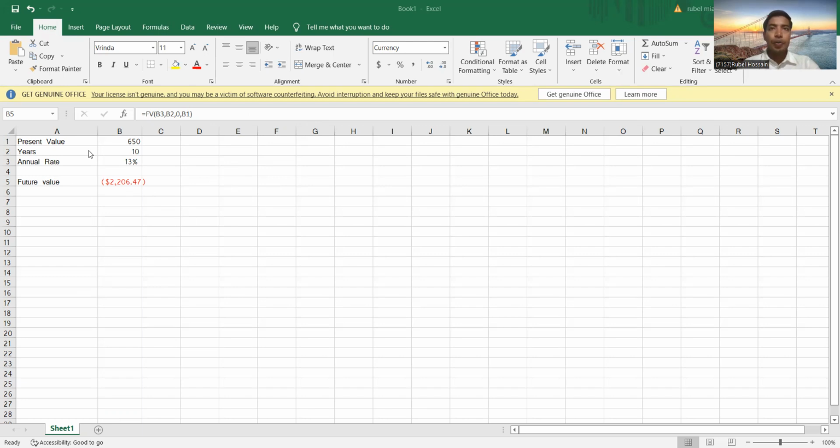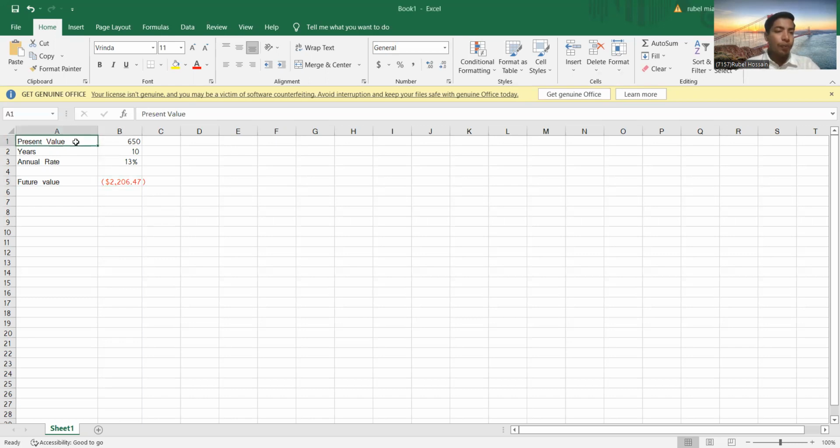A short description of the ways to solve such problems is what I'm going to share today. Here I will calculate future value by using Microsoft Excel. That is why I have to give some information related to solving future value.